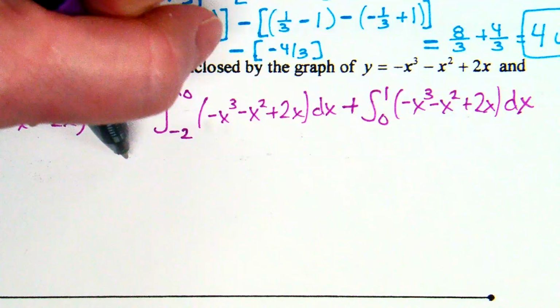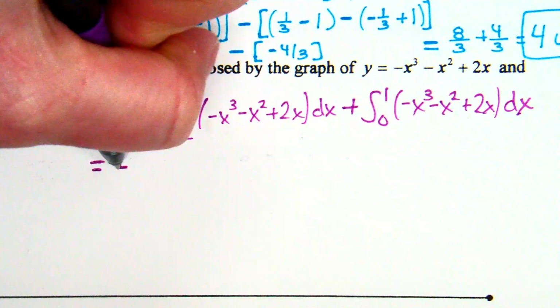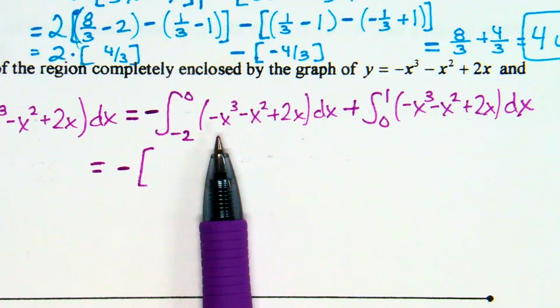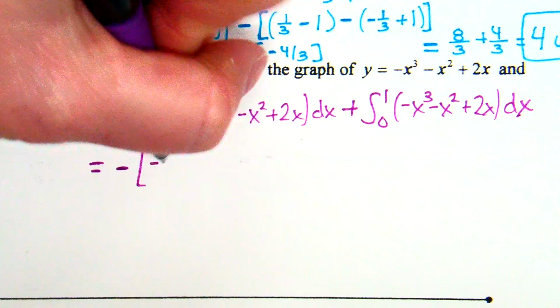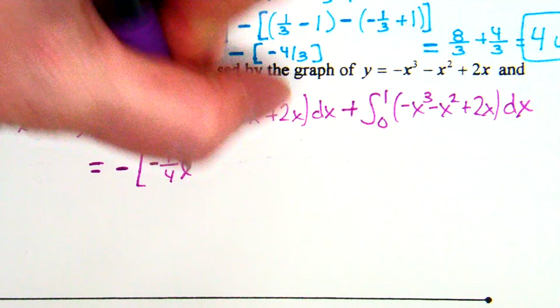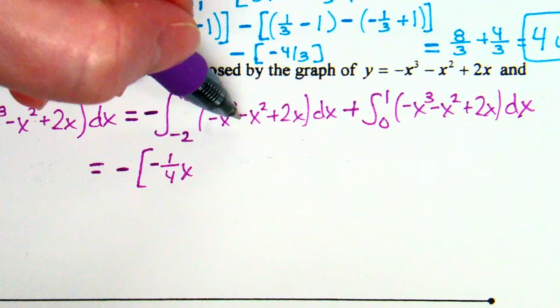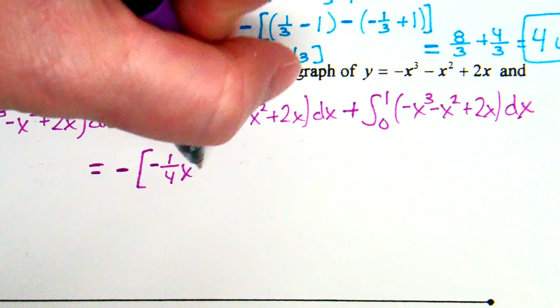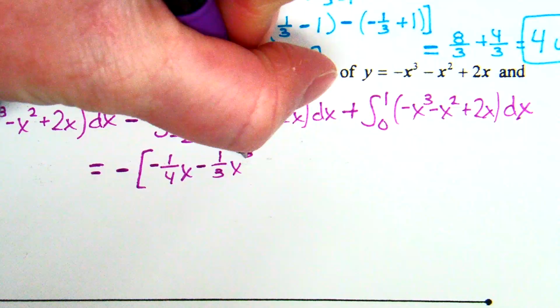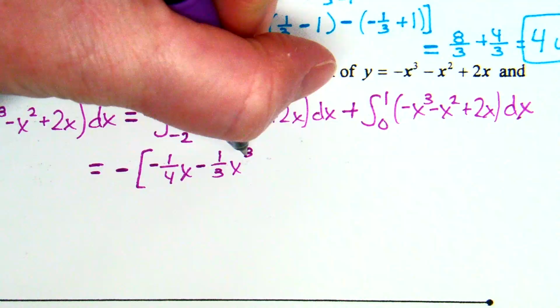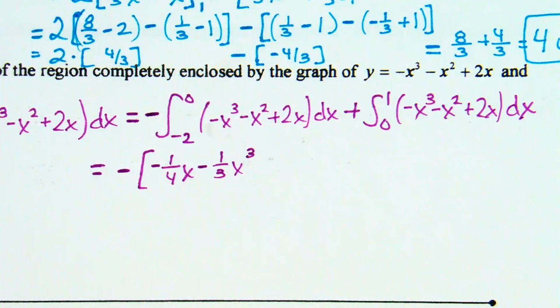So this first one is going to be the negative of, let's integrate, integral of -x to the third: -1/4 x to the 4th. Add 1 and divide by that 1. Minus the integral of x²: x to the third over 3, also 1/3 x³.